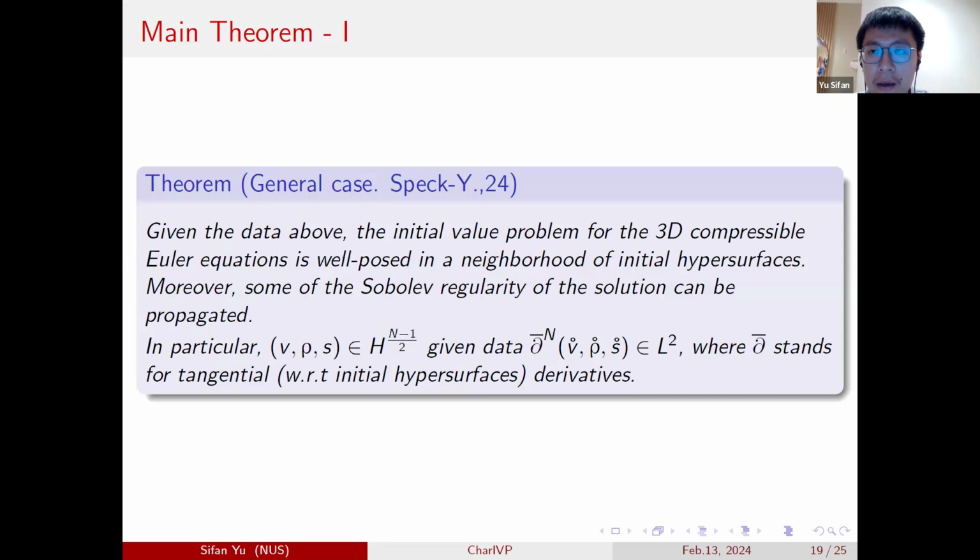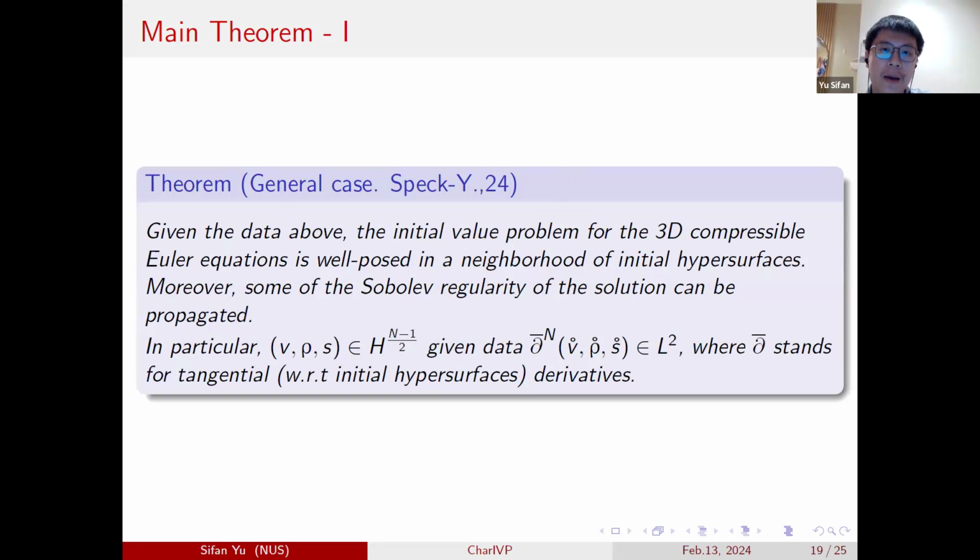Let me remind you that even for the linear wave equations, we will have loss of regularity in the transversal derivative. So the general case is coming up to deal with that. Given the data above, you know that the transversal derivative behaves much worse than the tangential derivative.